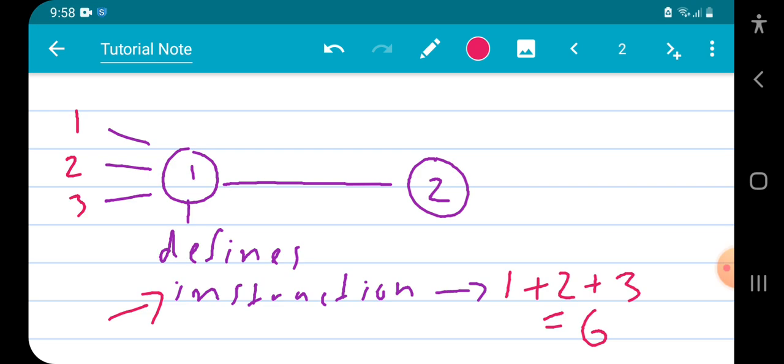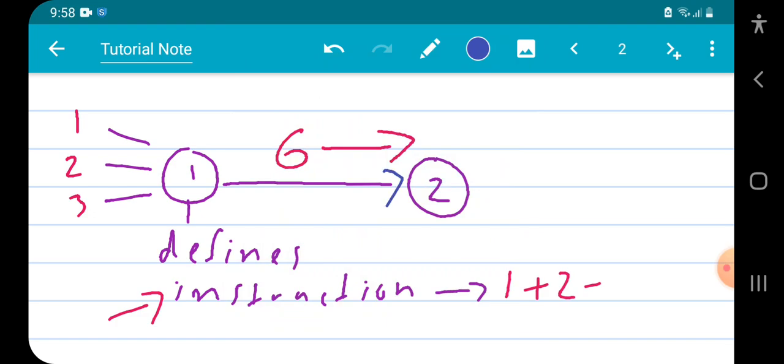It's going to give us the information that was recorded after performing the instructions on the given data. Therefore, what defines an artificial neuron are the instructions that it needs to follow for some data. So artificial neuron number 1 gives us the result as number 6. The result 6 will be passed on to artificial neuron number 2.